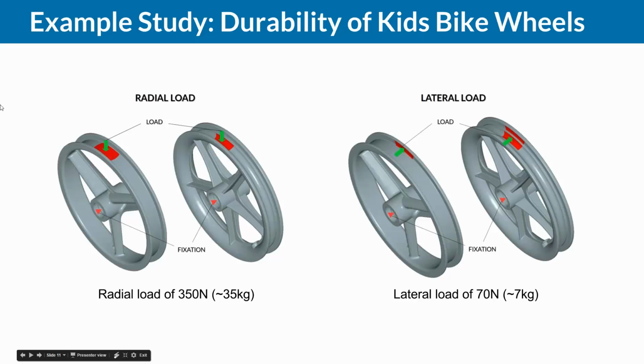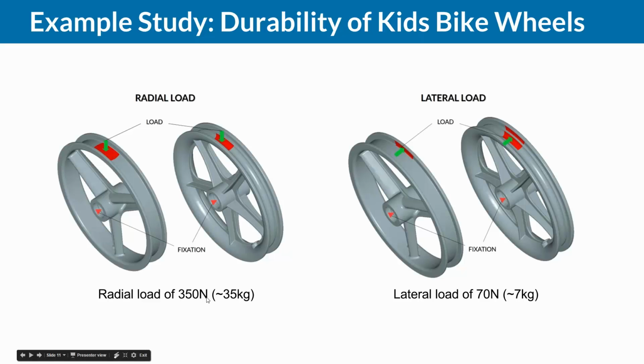So we have two different load cases here. First, we have a radial load with about 35 kilograms, and a lateral load with about 7 kilograms. So it's not a kid sitting on it, but perhaps some dynamic load. If you're driving on a bumpy road, dynamic loading can exceed the static weight by a multiple.